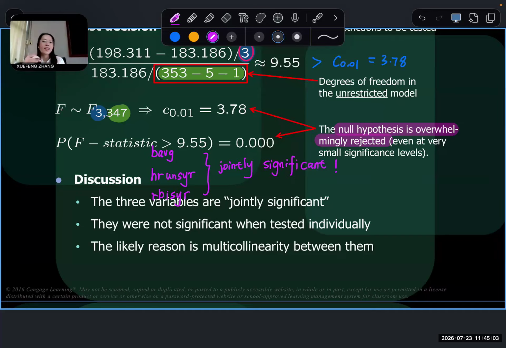So the likely explanation is that those 3 X may have multicollinearity, because those 3 variables are highly correlated with each other. Good hitters tend to score higher on all 3 at once, and the other way around.